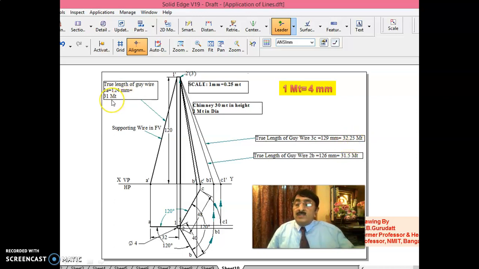These are the answers: 31 meters, 31.5 meters and 32.25 meters are the true lengths of the 3 guy wires supporting the chimney.